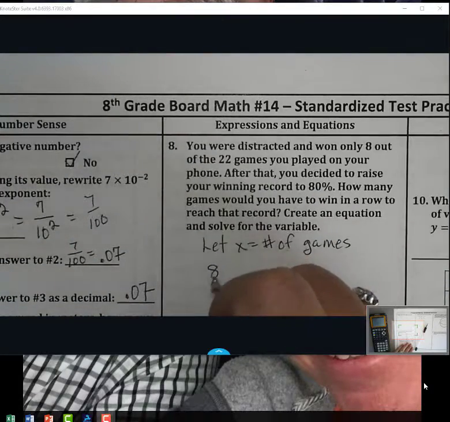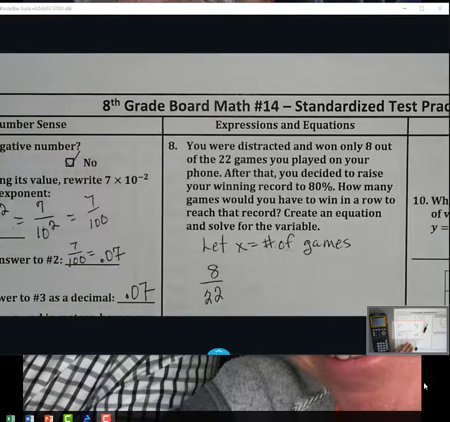So here is our current percentage, 8 divided by 22. Obviously we have it in fraction form, but we could figure out the decimal to see where we are now. But then we need to add the number of games.